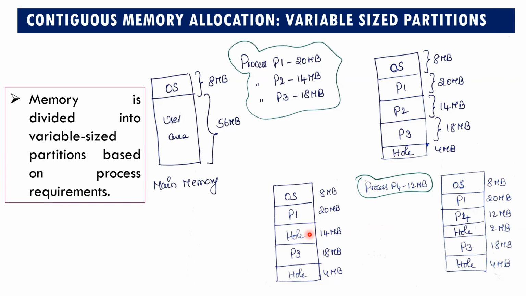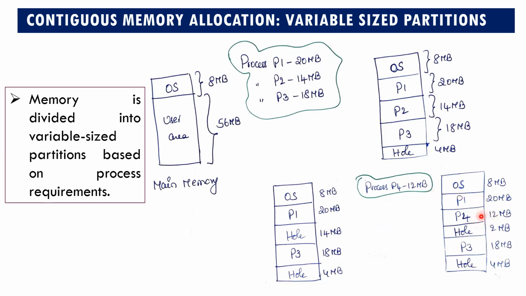And at this point, let us consider another process P4, which is of 12 MB, has arrived. So out of these 2 holes, only this particular hole of size 14 MB can accommodate the process P4, which is of 12 MB, because we are considering contiguous memory allocation. That means the memory for the process has to be allocated in a contiguous manner.